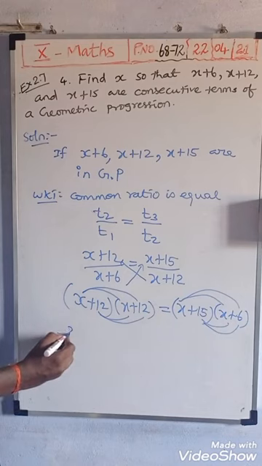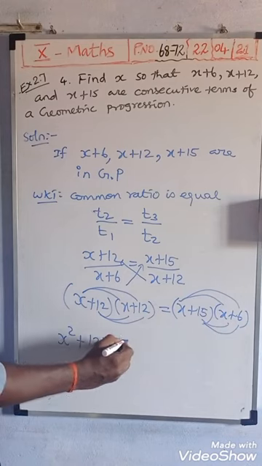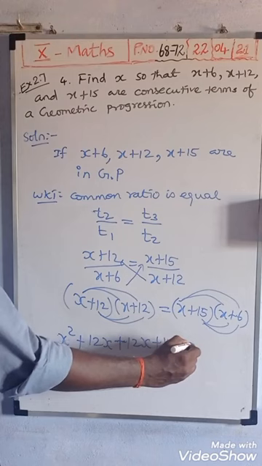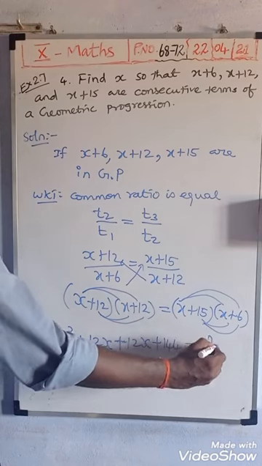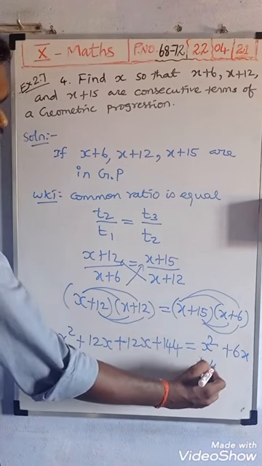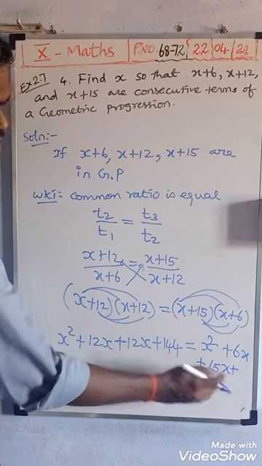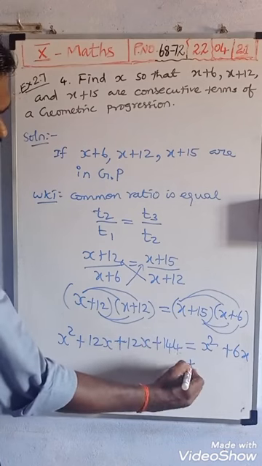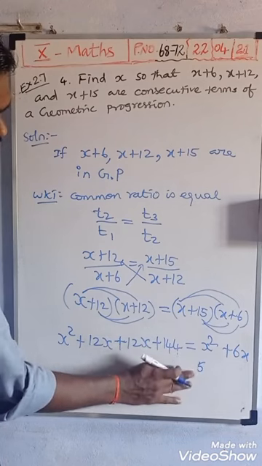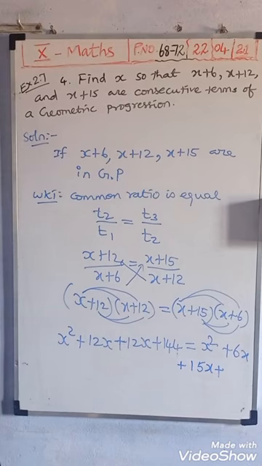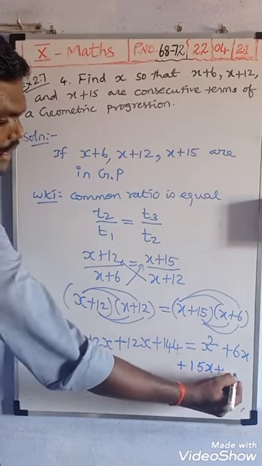Now x into x is x squared, plus 12 into x is 12x, plus 12 into x is 12x, plus 12 12s are 144, equal to x into x is x squared, plus x into 6 is 6x, plus 15 into x is 15x, plus 15 6s are 90.